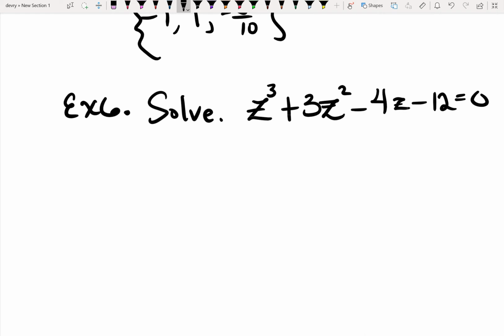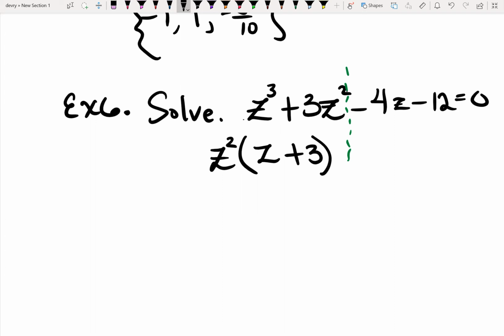And so what we are going to do here is use factor by grouping, so nothing changes. We're going to split this as such, and we're going to take out the z squared from this side because that's our highest or lowest potential variable. There are no coefficients that actually match. This leaves a z plus 3 on the inside here, correct?